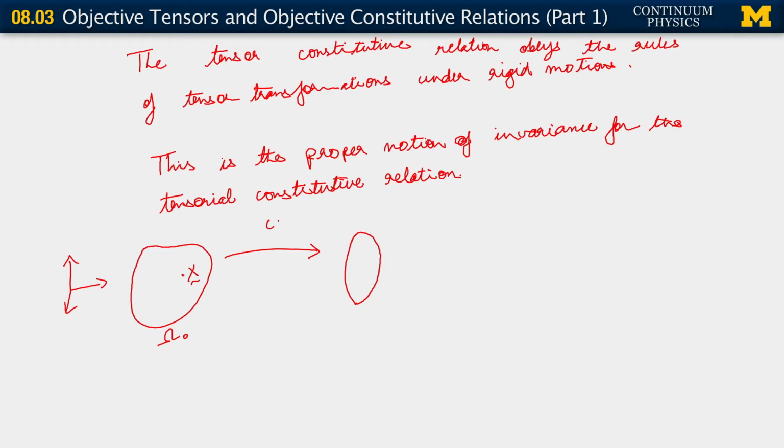So this is phi, this is omega t, and that point has gone to little x. That's the deformation. Now we're applying a superposed rigid motion on the current configuration.